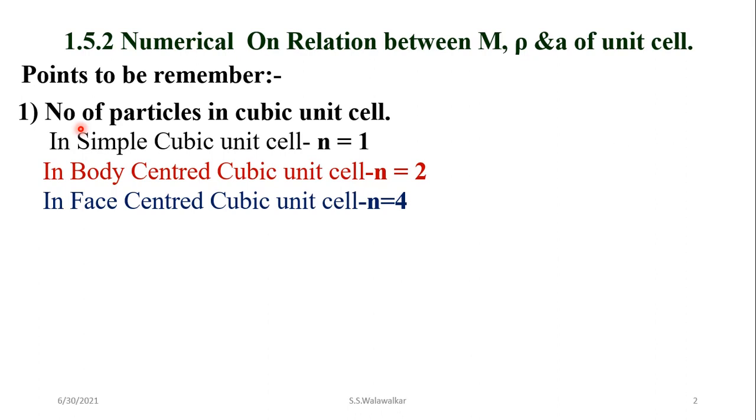We have also calculated the number of particles in all three types. In simple cubic unit cell, the total number of particles is 1. In body centered cubic unit cell, n, the number of particles, is equal to 2. And in face centered cubic unit cell, the number of particles is equal to 4.